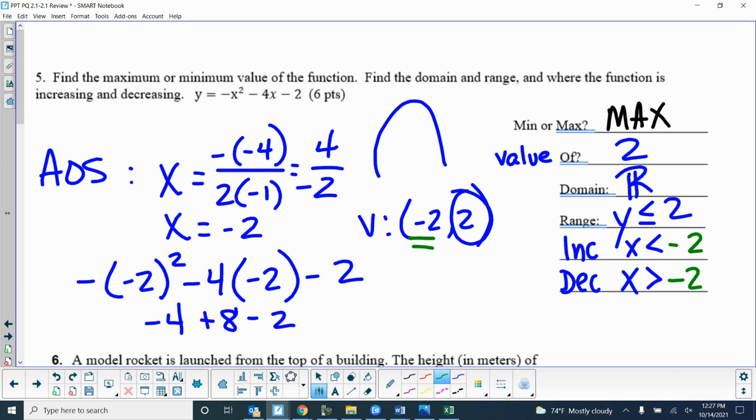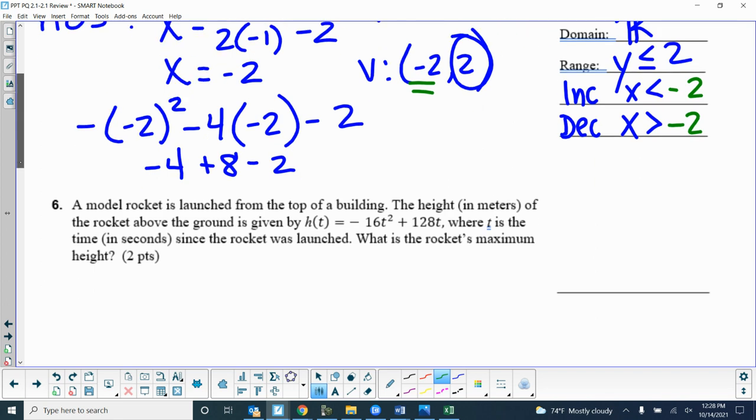The x value. So increasing and decreasing, we're looking at when is it increasing? When the x values are less than negative 2. And it will be decreasing when the x values are greater than negative 2. Okay? You need all of that to get all 6 points.